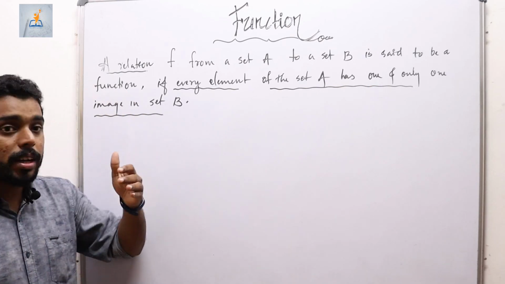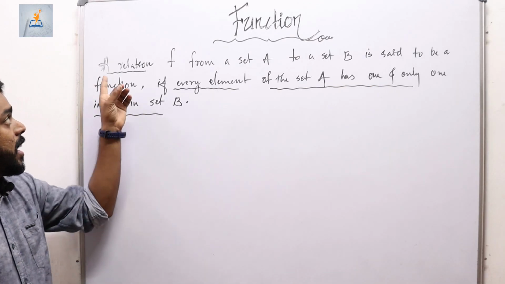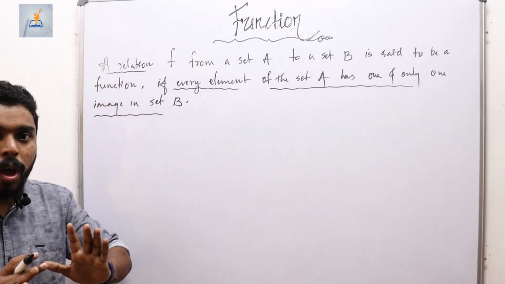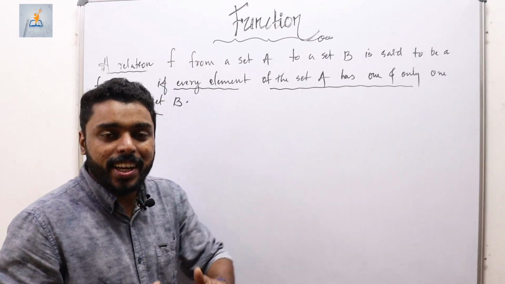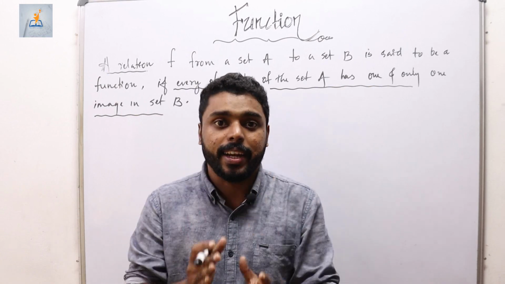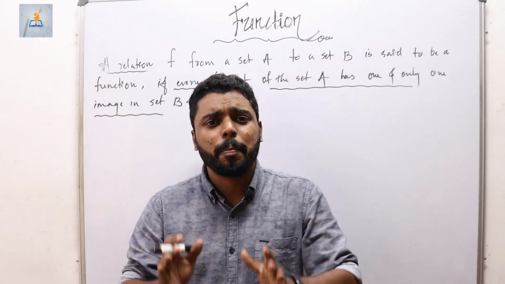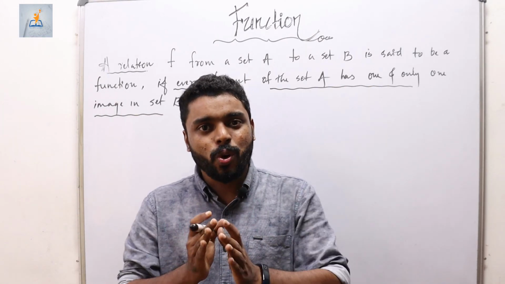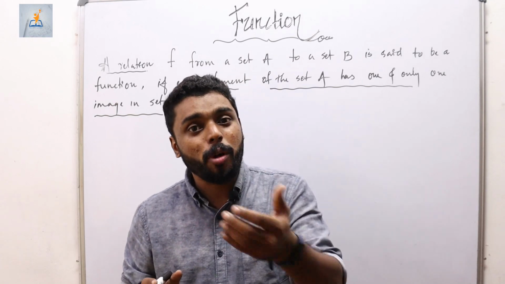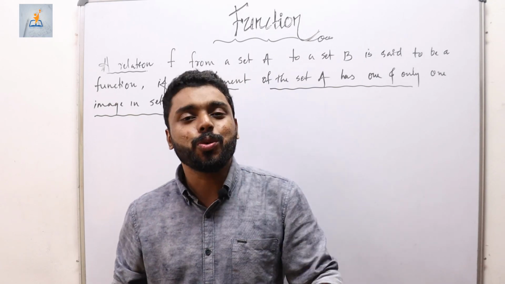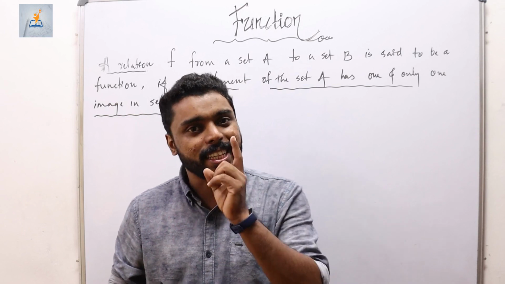Now let us operate this definition. A relation f. So basically a function is nothing but a relation. Functions are basically relations. Not every relation need be a function, but for sure every function is a relation.